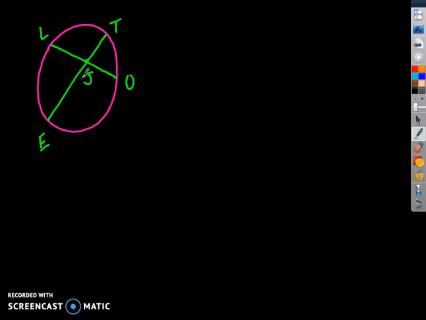Basically what we know is if those 2 chords intersect inside of a circle, then the parts have equal products. So segment EJ times JT is equal to segment LJ times JO.